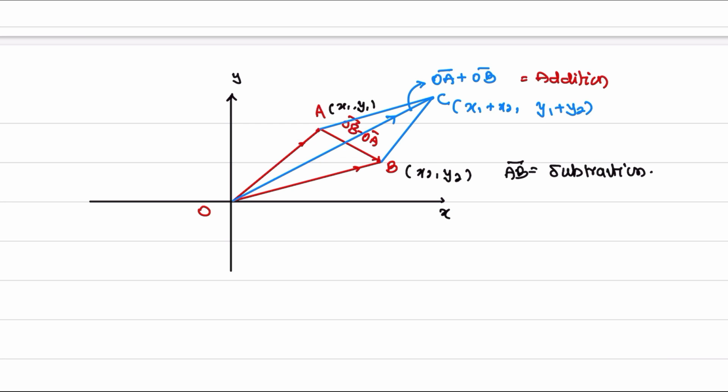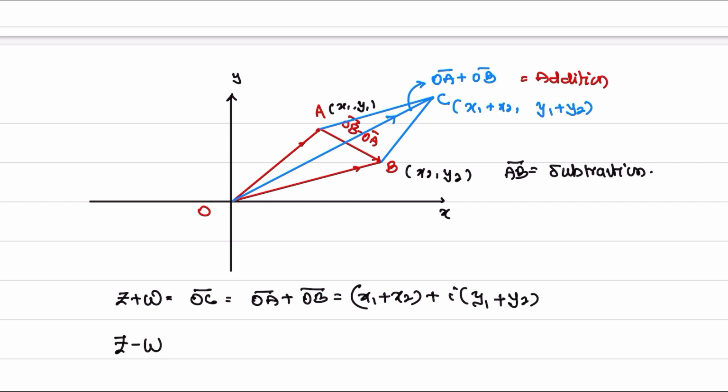If OA is equal to Z and OB is W, then Z plus W is equal to OC, that is equal to OA plus OB, that is equal to x1 plus x2 plus i into y1 plus y2.